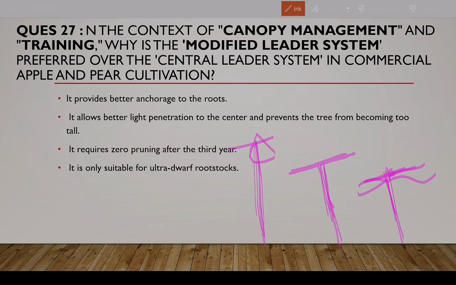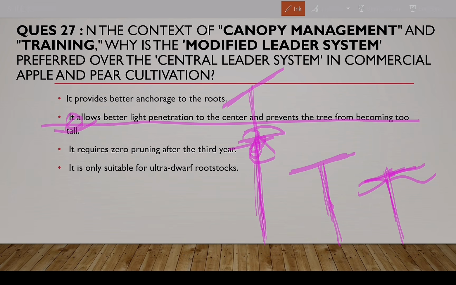The function of modified leader: it provides better light penetration and prevents the tree from becoming too tall. Like in the central leader system, what happens if we don't cut the main stem? After some years it will grow tall, which leads to difficulty in harvesting.